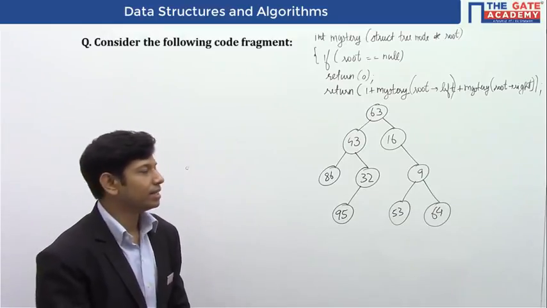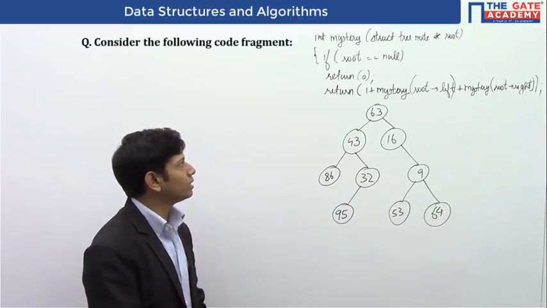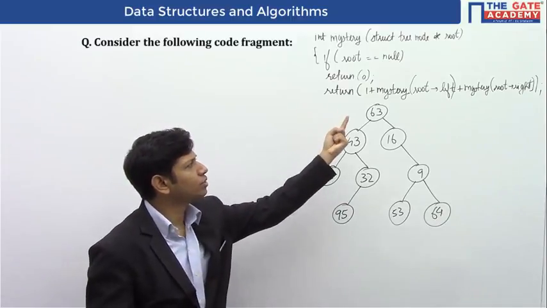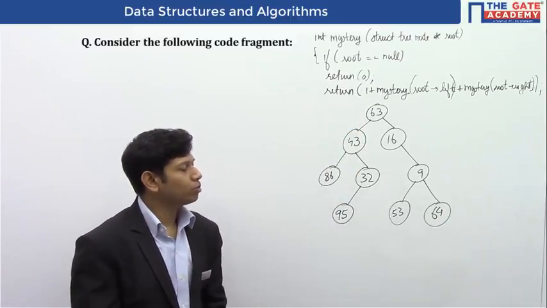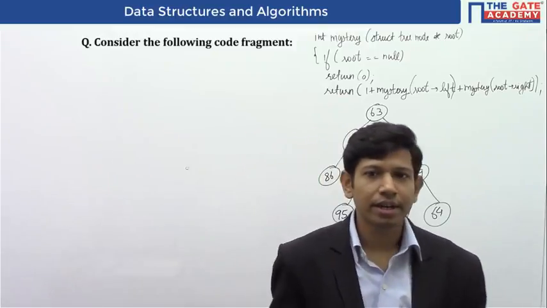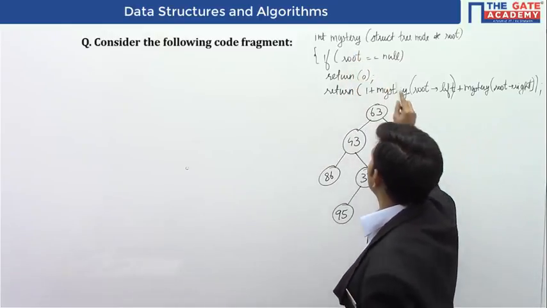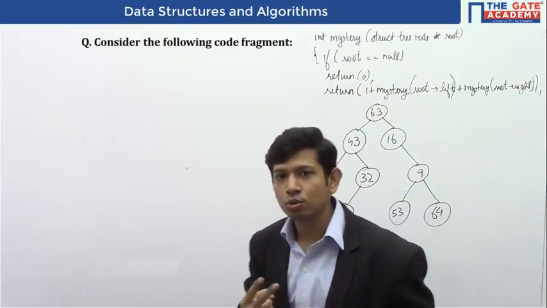So this root is not null, so we will return 1 plus mystery of root left plus mystery of root right. We see that this is a recursive function call, since mystery is calling mystery again, and that too 2 times.